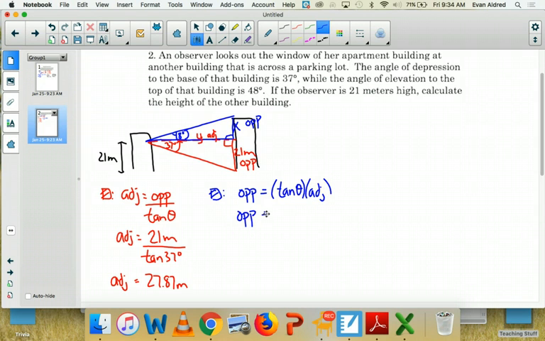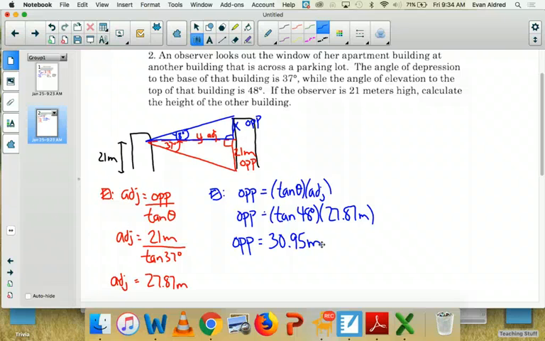So our opposite is equal to tan of our angle of elevation, which was 48 degrees, multiplied by our adjacent side, which we found to be 27.87 meters. So our opposite side, therefore, is tan of 48 multiplied by 27.87, which is 30.95 meters. So that means that on top of the 21 meters that's already known, we add 30.95 more meters to that to give us the full height of the other building.